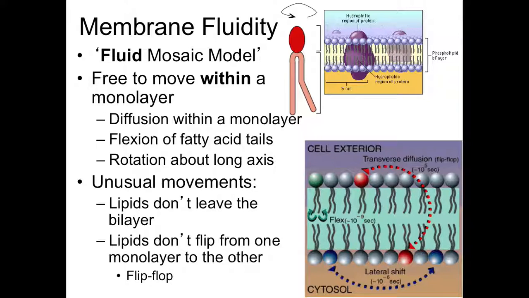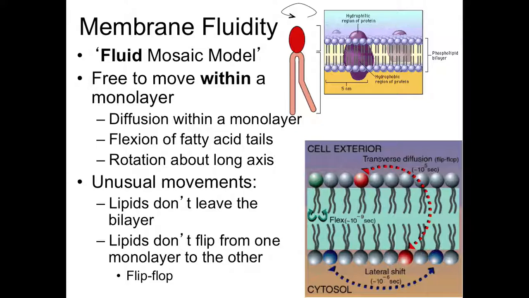Now, unless their movement is restricted by something like a tight junction, which we'll talk about in a little bit, membrane lipids are free to diffuse throughout the cell, throughout the plasma membrane, or whatever membrane we're talking about.